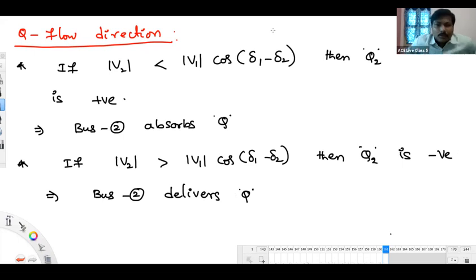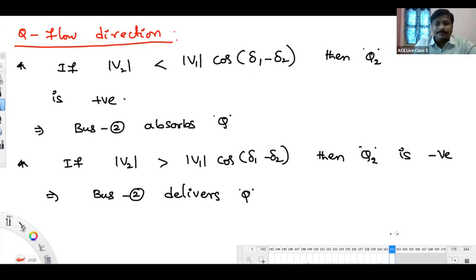Now please tell me, who is going to decide the reactive power flow here? The comparison of the voltage magnitudes. If the voltage magnitude is low, it is absorbing the reactive power. If the voltage magnitude is high, it is delivering the reactive power.